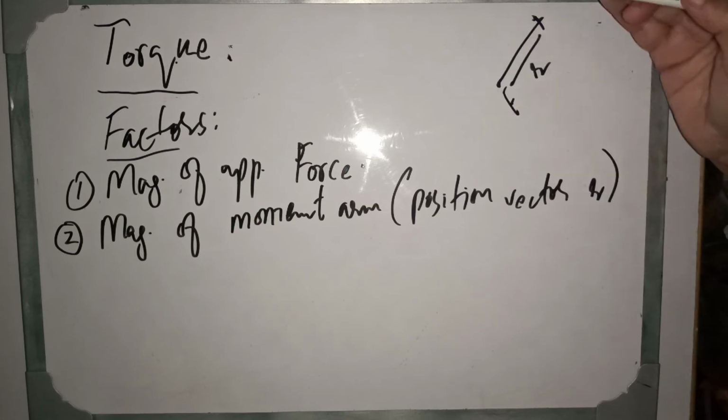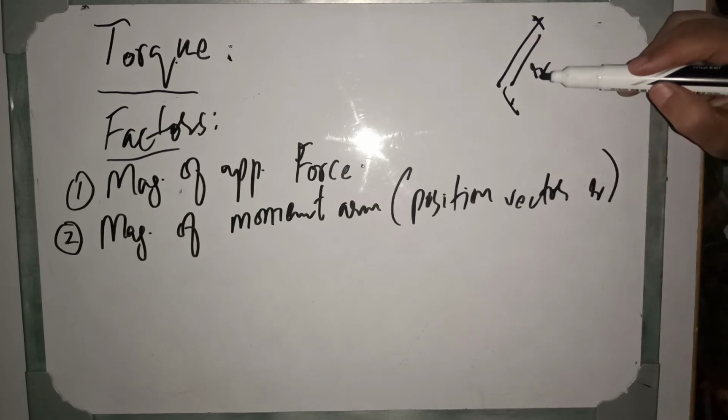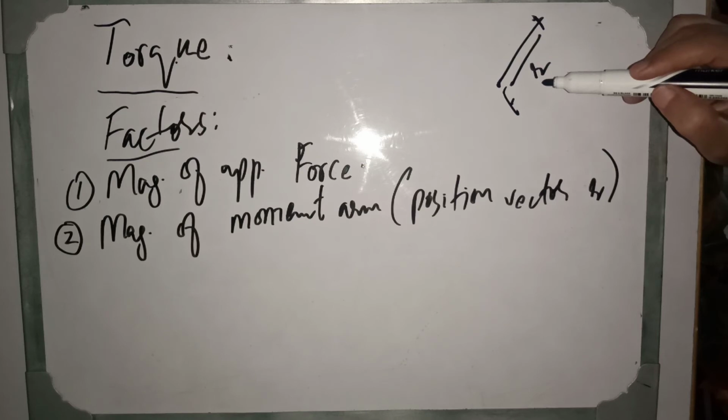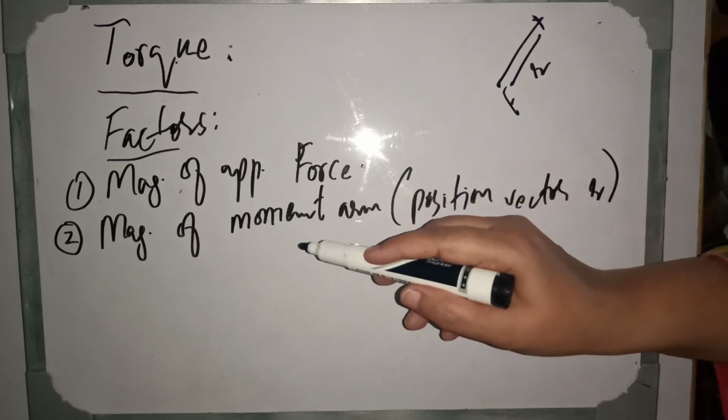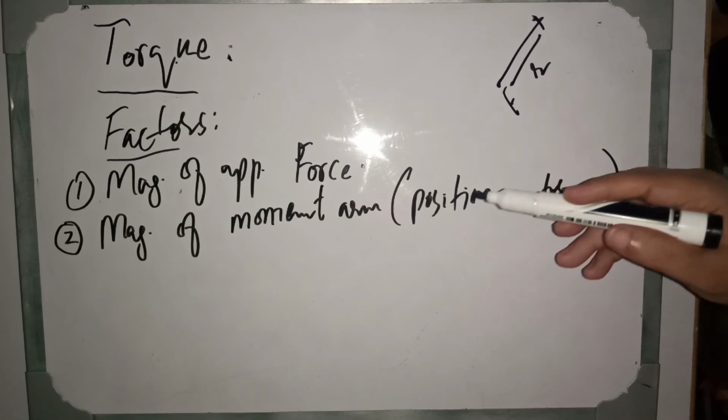If the distance is less, torque is less. This is the reason why door openers or door handles are made far away from the axis of rotation. If they are placed near the axis of rotation, it will be very difficult to open and close the doors. So if R is maximum, torque is maximum; if R is less, torque will be less.